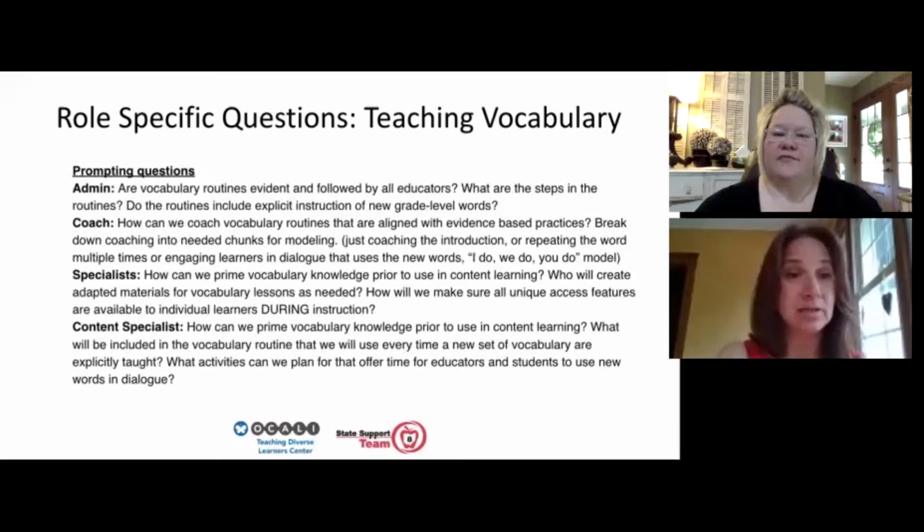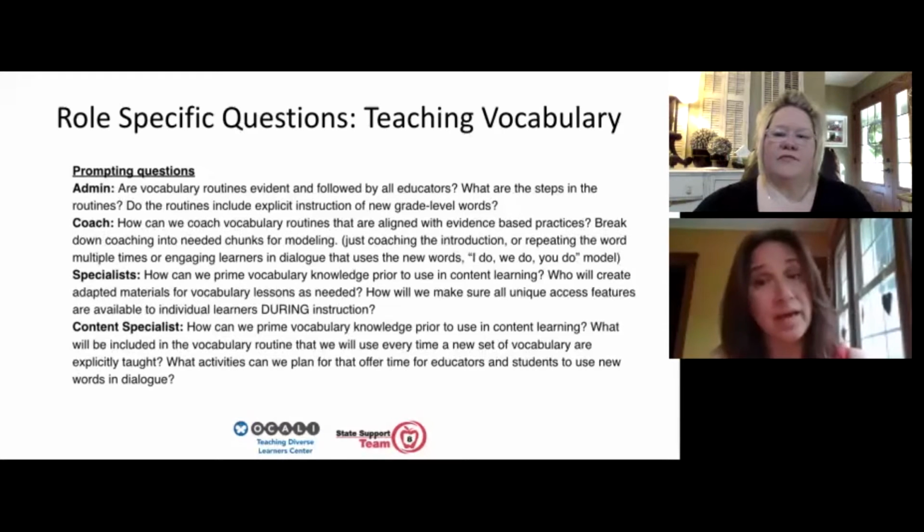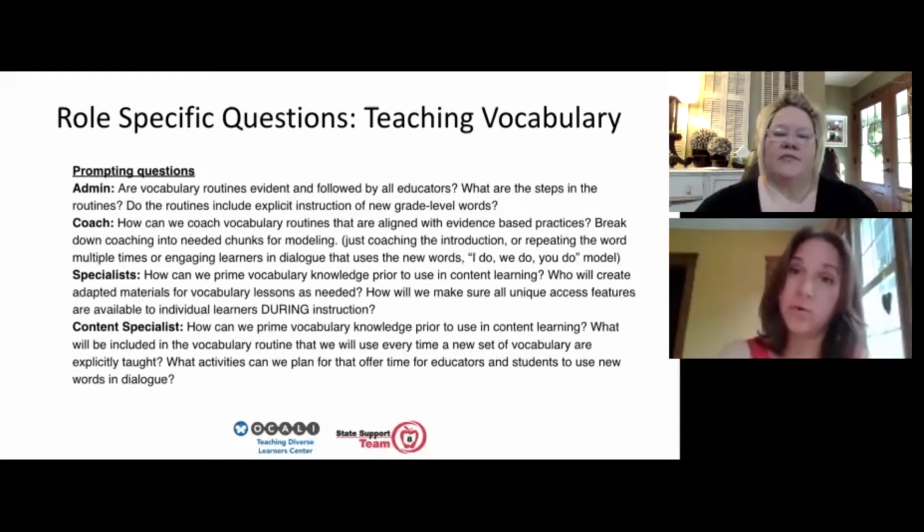Specialists, you may ask yourself, how can we prime vocabulary knowledge prior to use in content learning? This gets to background knowledge, and if students do not have the background knowledge to be successful right off the get-go with the lesson, how can you prime that knowledge so that they're prepared to access the curriculum? Also, who will create adapted materials for vocabulary lessons as needed?